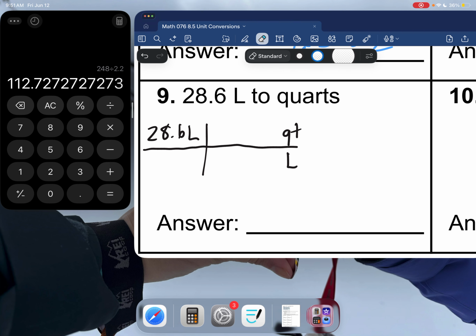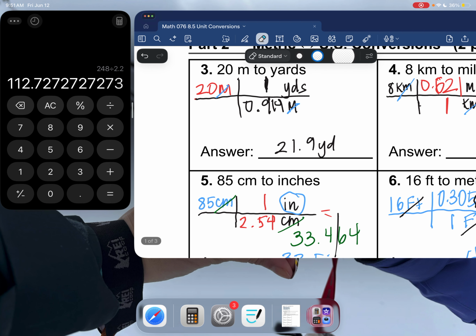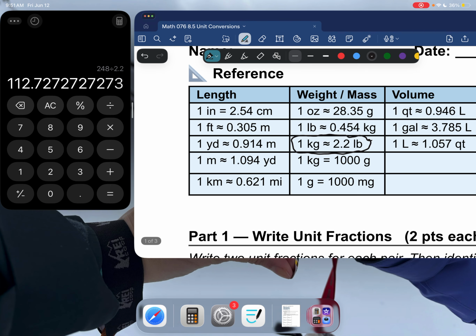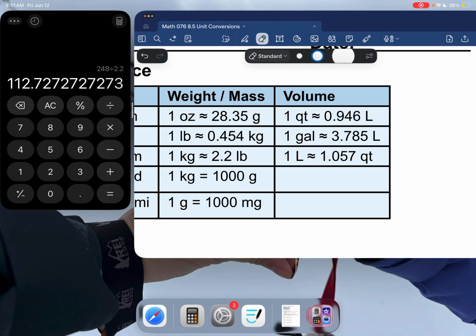Okay, and I need a conversion factor from liters to quarts. So let's check out and see what's provided. Liters to quarts. Okay, here we go. I got liters to quarts.